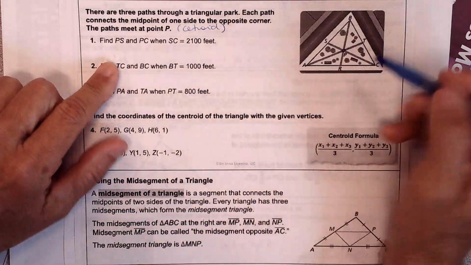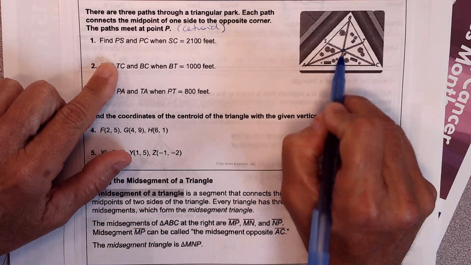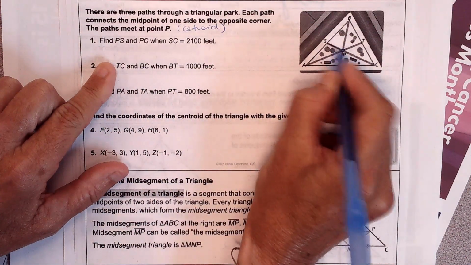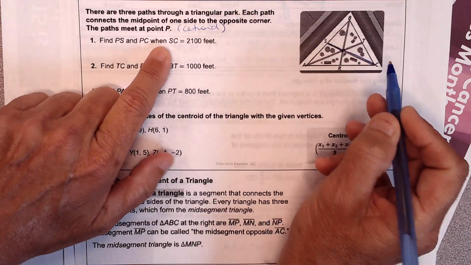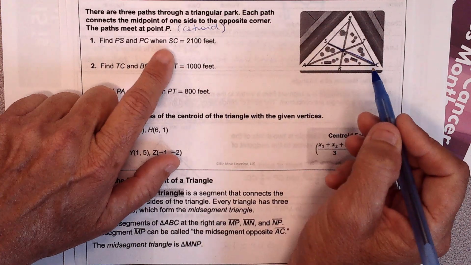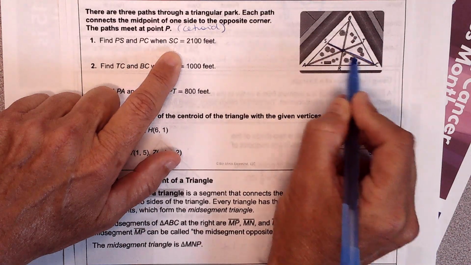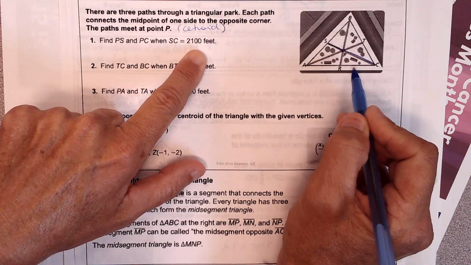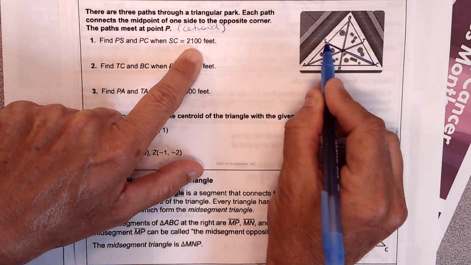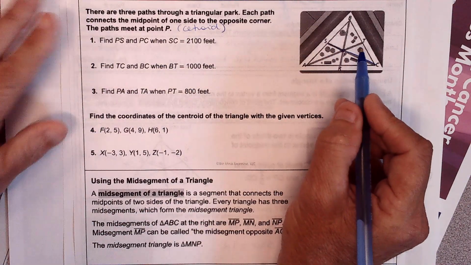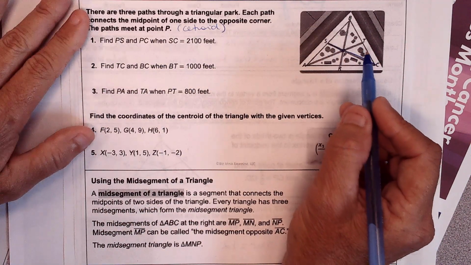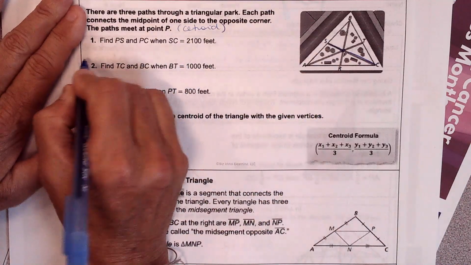Now, PS, if I have PS right here, and PC, I'm looking for those numbers when SC is 2100. So it's 2100 for the whole part. Remember, I can split this up into 3 parts and then take the parts that I need.